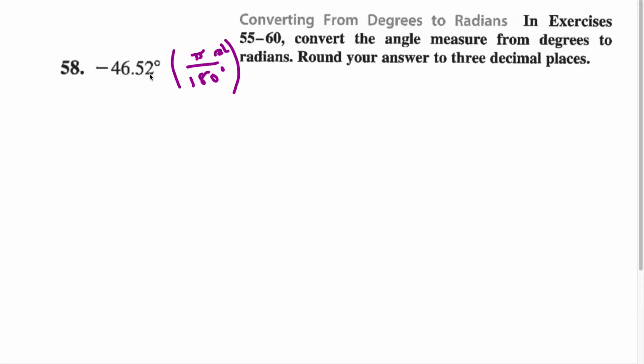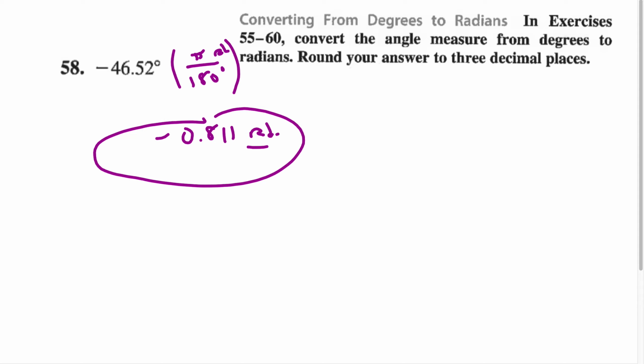So 46.52 times 3.14159, then divided by 180. And that will give me negative 0.811 radians.